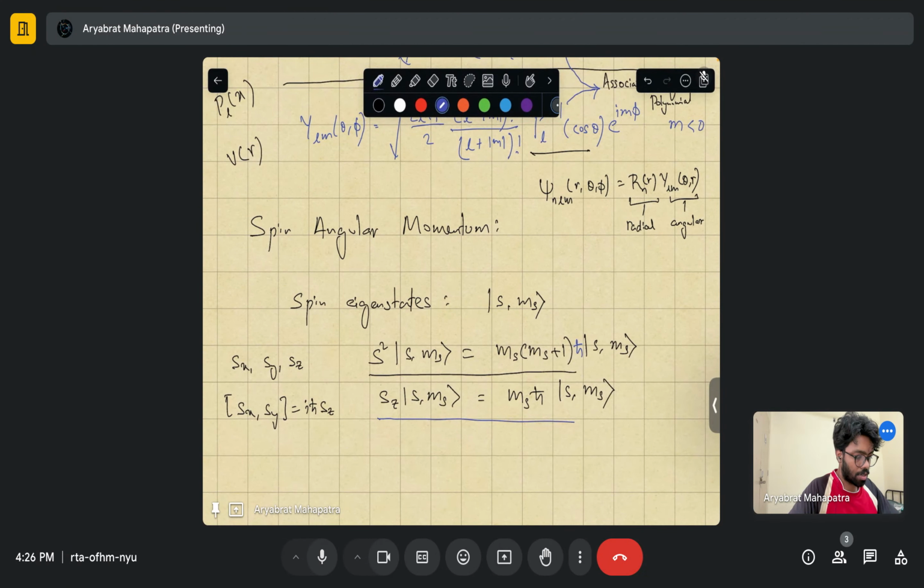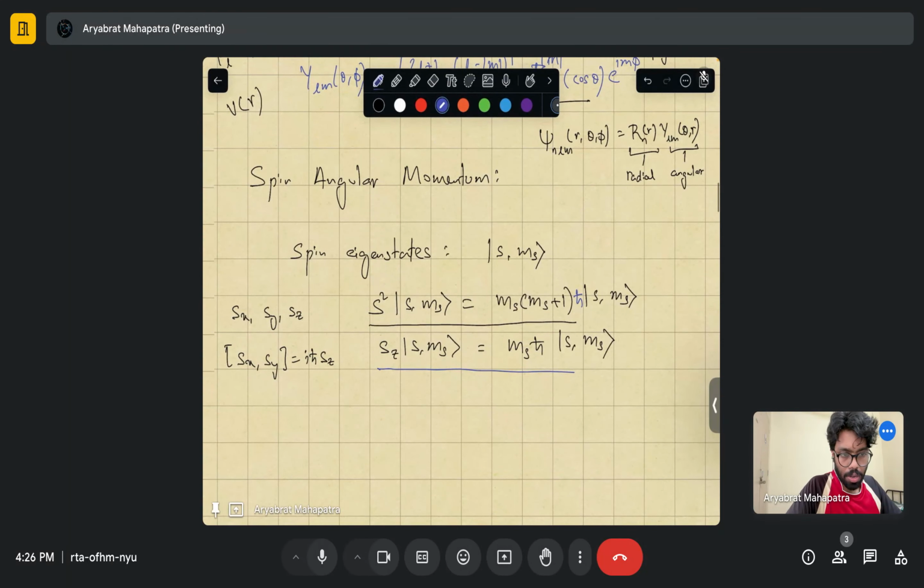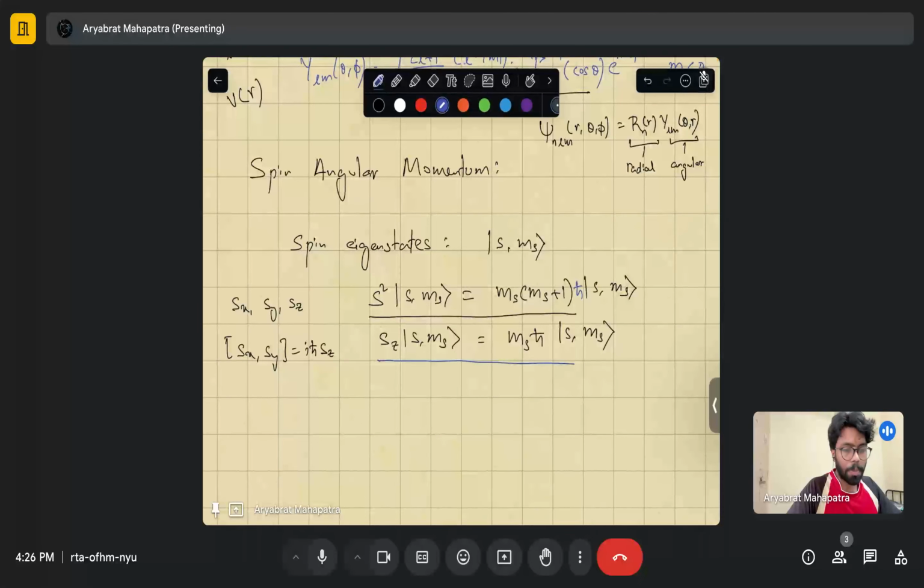Maybe when you go to a higher mathematical methods course, you will see that you express the angular momentum algebra, LX, LY, LZ, as basically generators in the SO3 group.